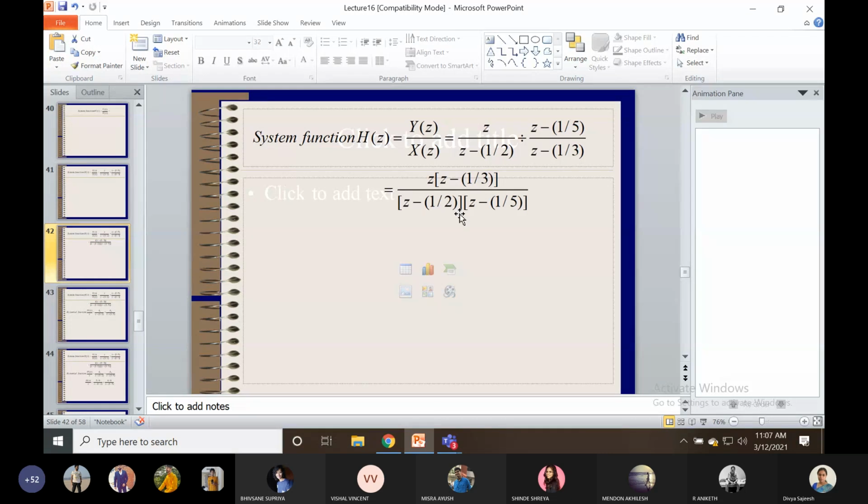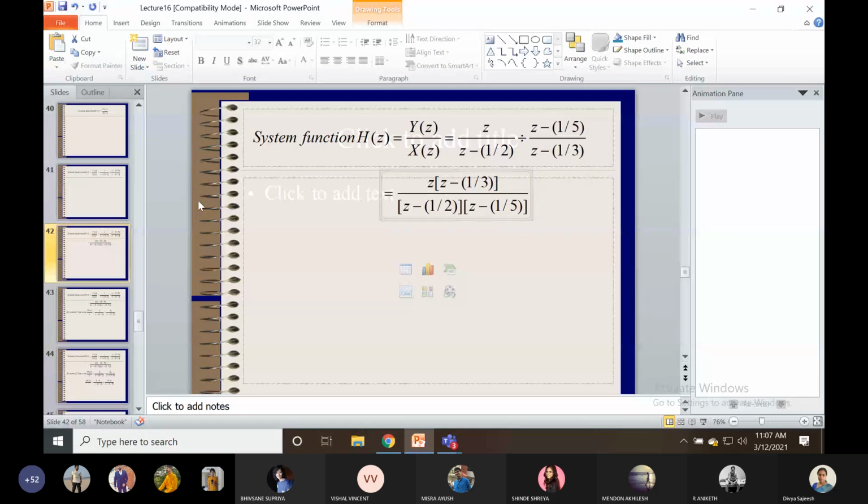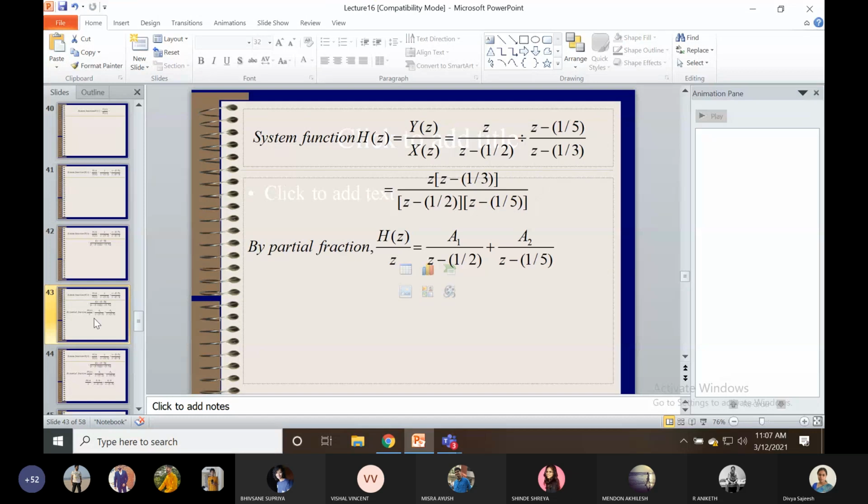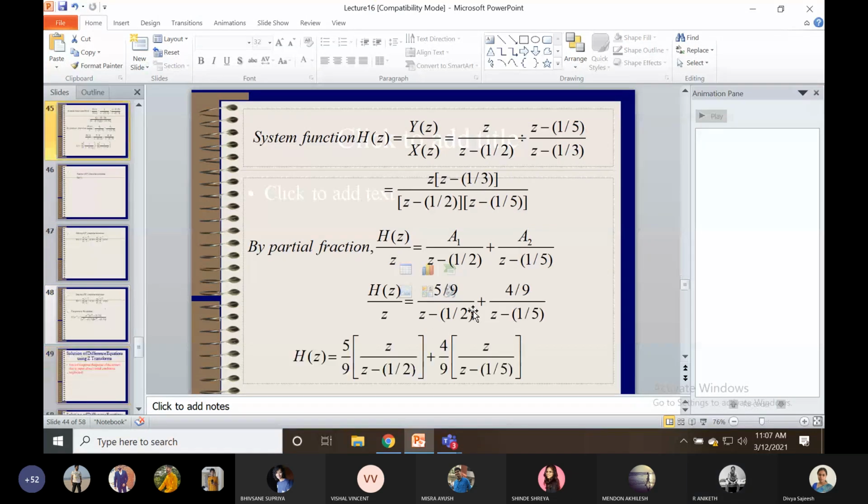I have to convert from the z domain into the time domain. It should be of some general form. That pair is there, no? Z transform, inverse Z transform pair is there. It should be of any of that form. So you have to factorize it, means you have to do the partial fraction. That is why I did the partial fraction and got it of this form, so that directly I can apply the Z inverse.